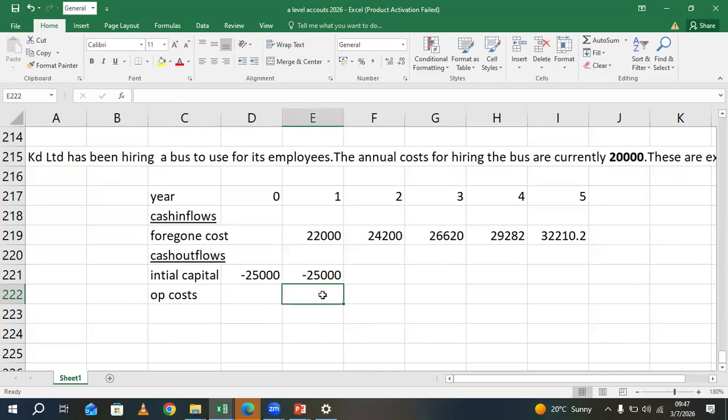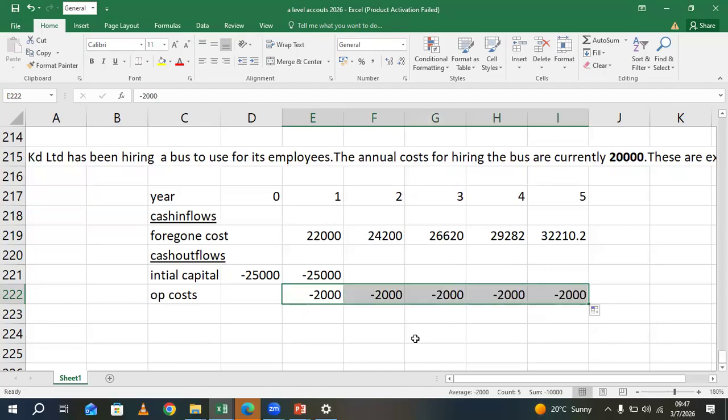That's in year one, because in year zero, we are still making the decision. So in year one, when the bus is bought, that's when we start incurring operational costs. They were said to be 2,000. These are costs, so it's a negative 2,000 annually.